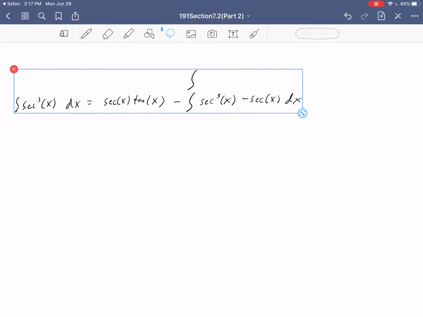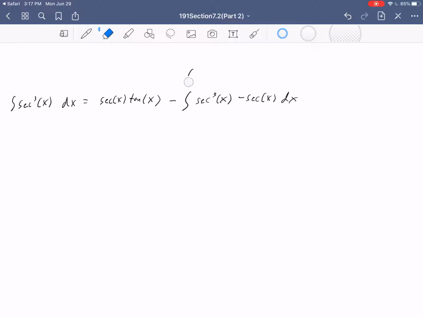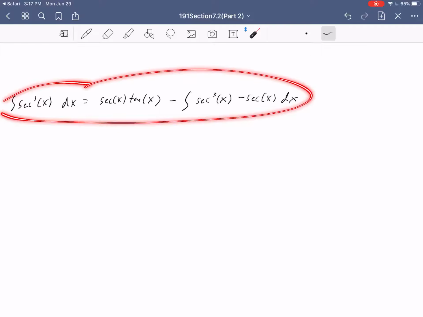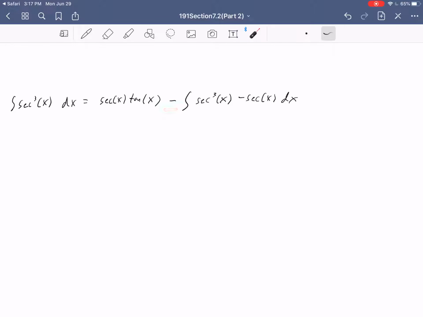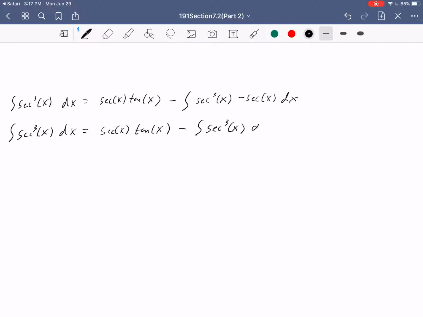Oops, I guess we brought along a miscellaneous integral sign there. Okay, there we go. So let's distribute this negative sign. We get the integral of secant cubed x dx is secant x tan x minus the integral of secant cubed x dx plus the integral of secant x dx.